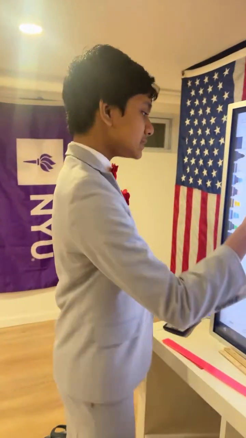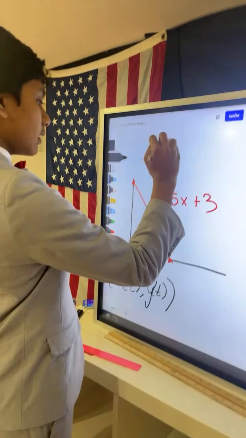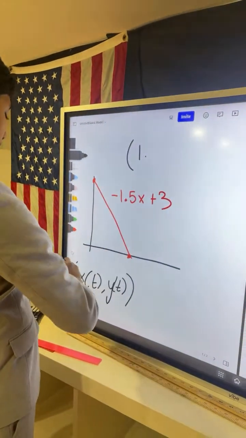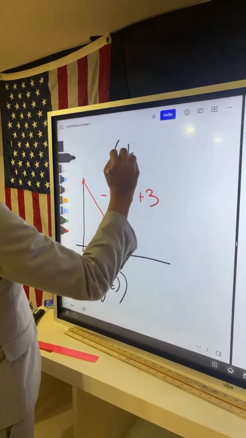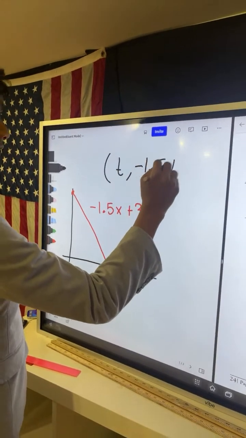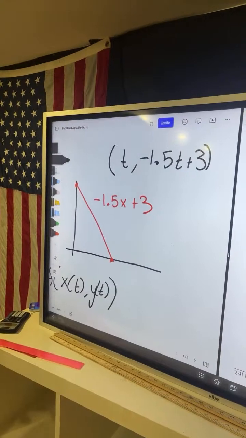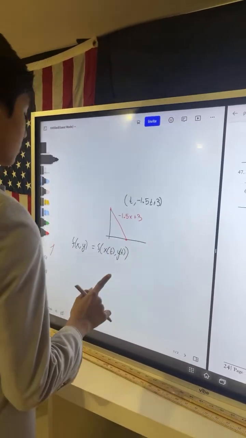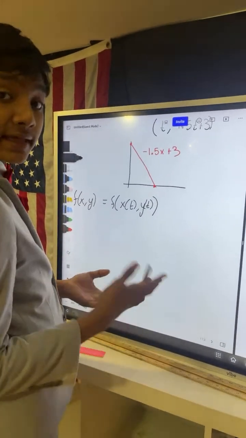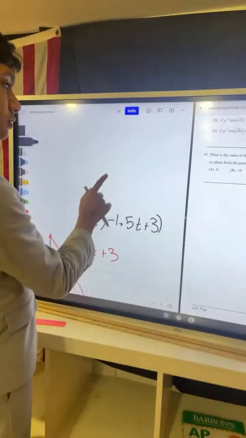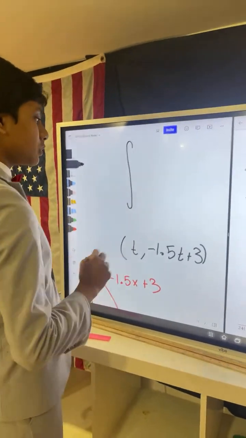So if we define it like this, this would be our parametric form. Pretty simple. But now, how do we actually take the integral? Well, that's also pretty simple.